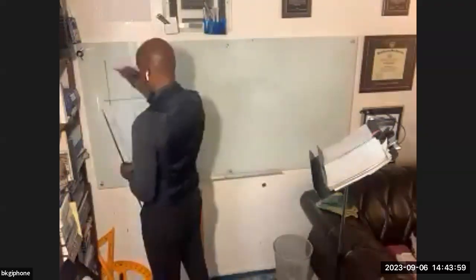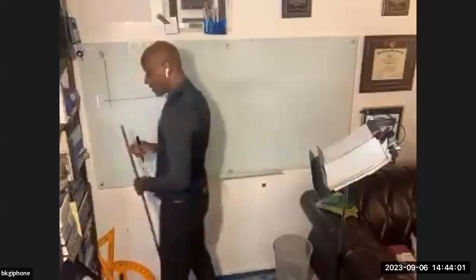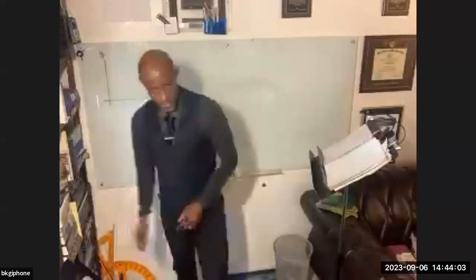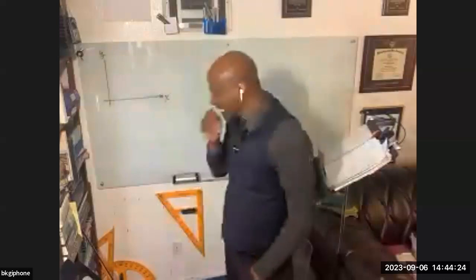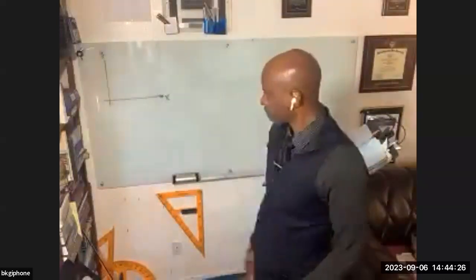So you have x along the x-axis, y along the y-axis. Is the signal pretty good now? Okay, pretty good right now. All right, cool. Let's go back and take a look at that type of graph.